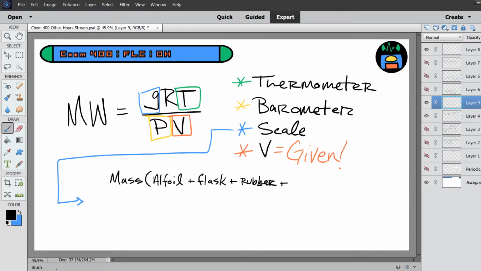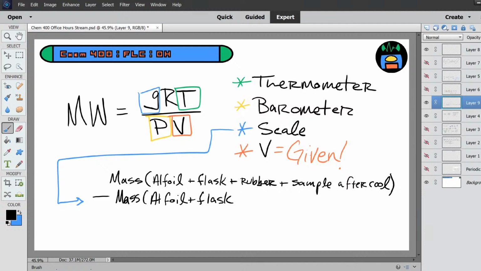plus sample after cooling, minus the mass of the aluminum foil plus the flask plus the rubber band.